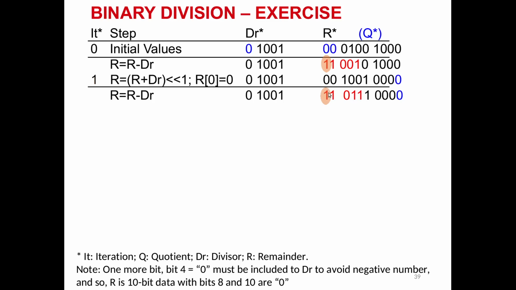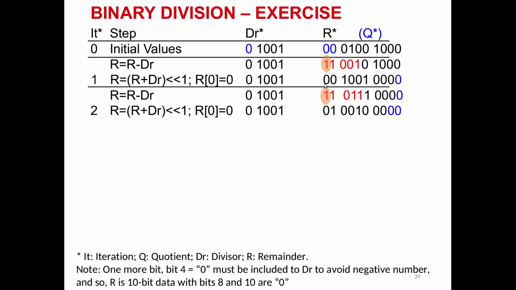This most significant bit equal to 1 implies that we need to restore R, the red part here, back to the previous value by adding DR. And then for Q, the newly added bit will be 0, and so 0 will be pushed here, making 2 bits for Q, from here to here in blue.